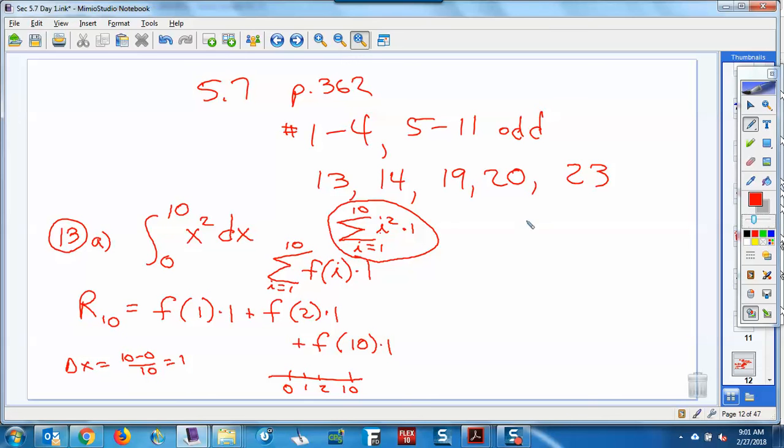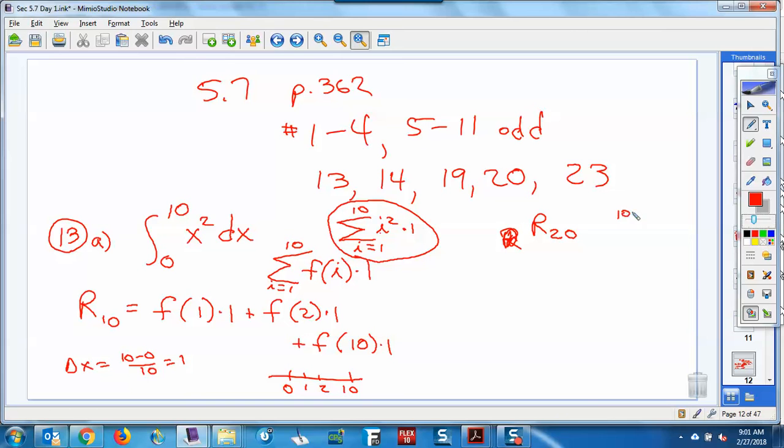Okay, what I wanted to show you is, now what happens when it changes to R sub 20? How much more work do you have to do? Well, you have to do a fair amount, but you can get pretty quick at it.